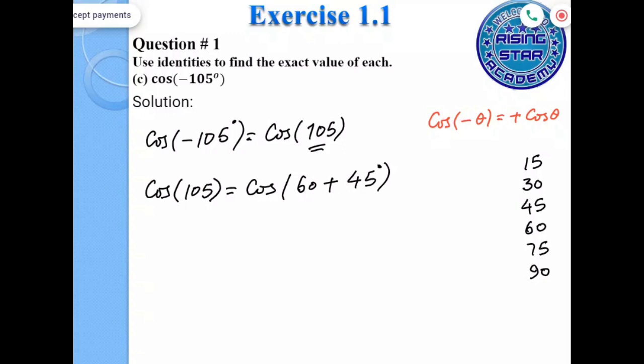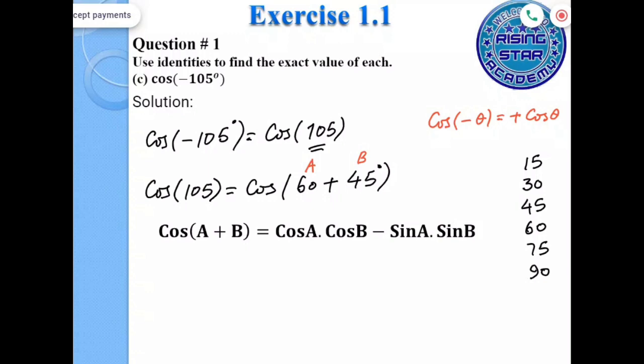Now I would use the identity cos of a plus b to simplify. Let me write the identity. So according to this, my a value is 60 and my b value is 45. So I would apply this.